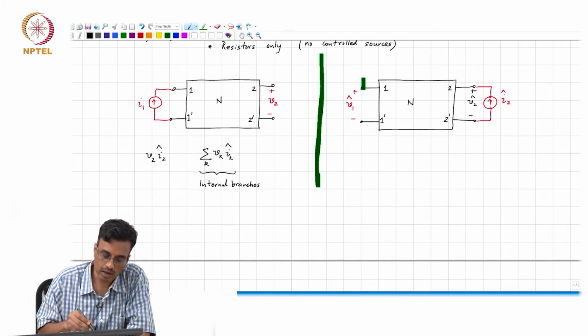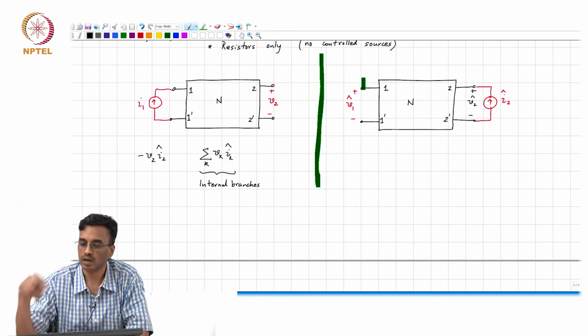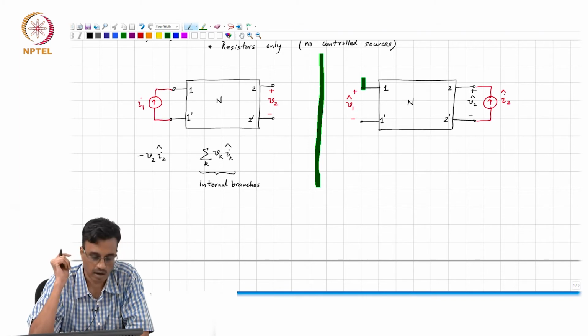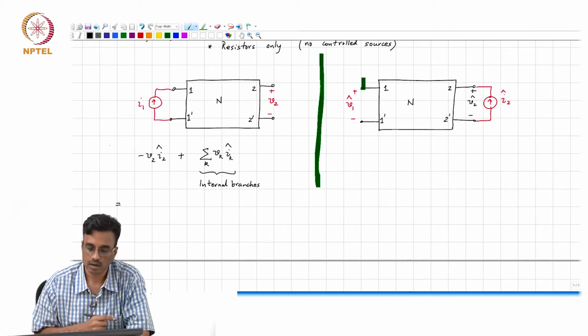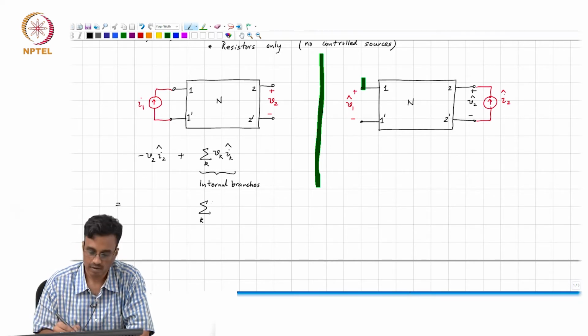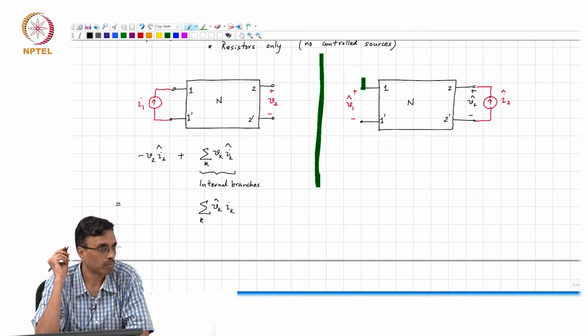It must actually be minus I2 hat, simply because if we assume V2 to be in that direction, branch current should flow in the opposite direction. So, it is minus V2 I2 hat. And this must equal, by Tellegen's theorem, the sum over all internal branches of Vk hat times Ik. That is all the internal branches.